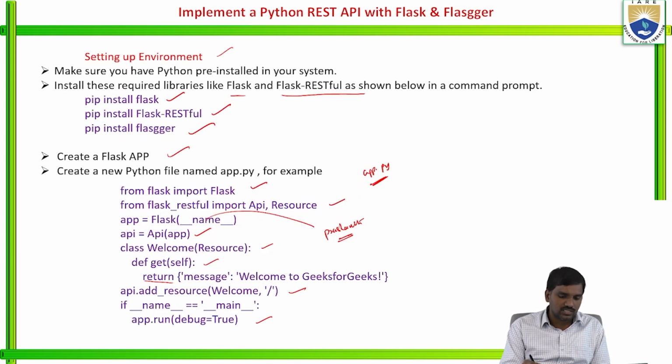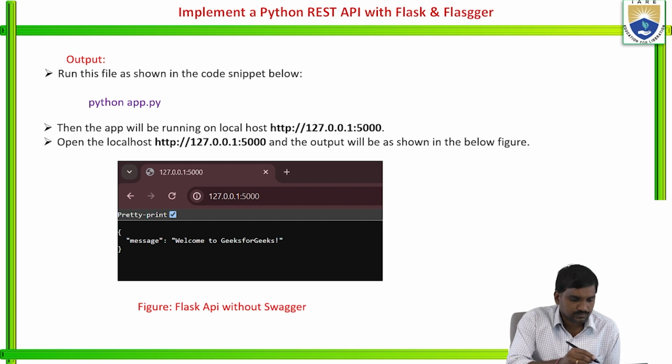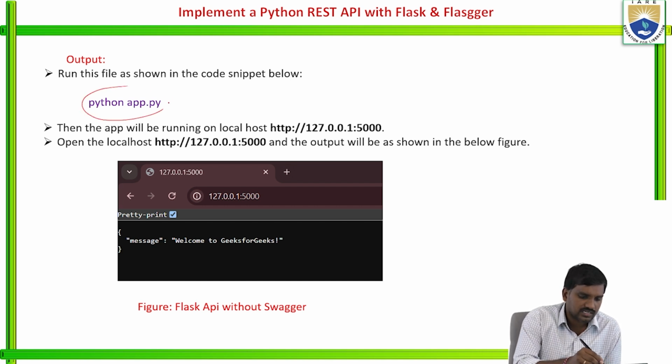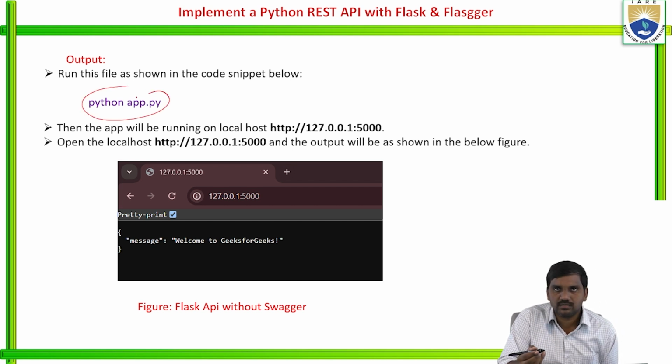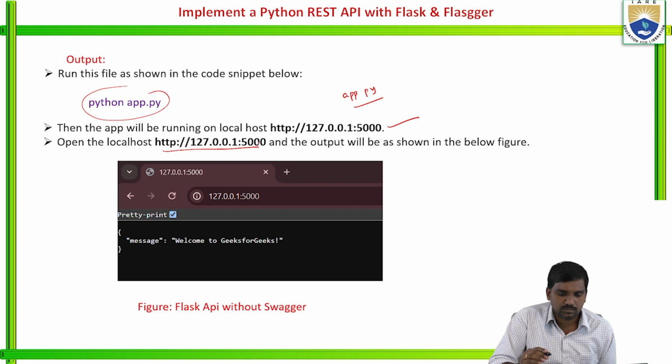So when you click on debug to run, just save the file as app.py. To run it on localhost, this is the URL. Just open localhost on that particular URL.